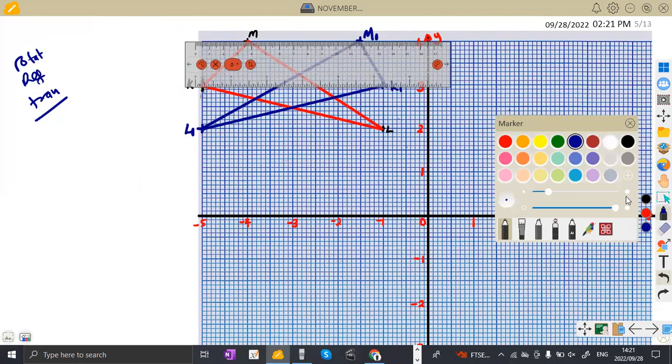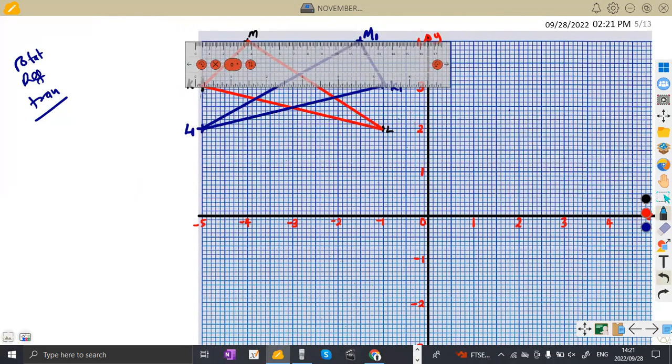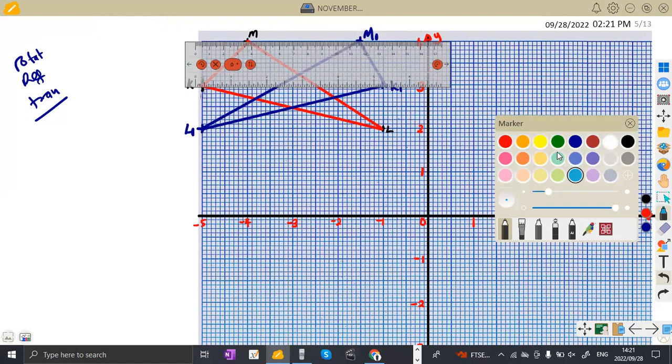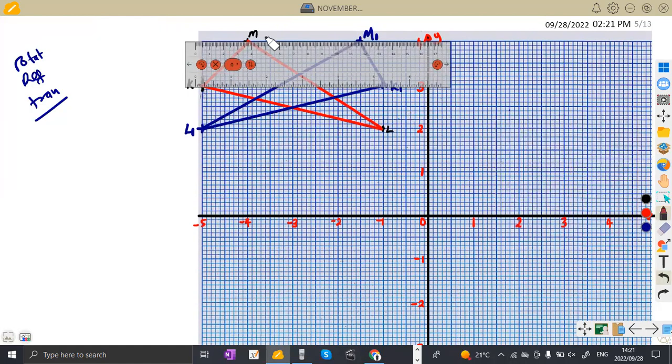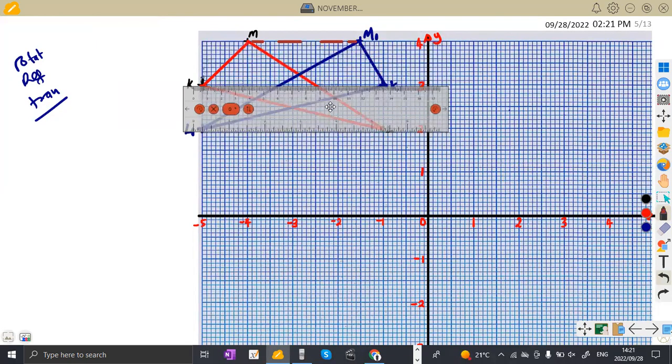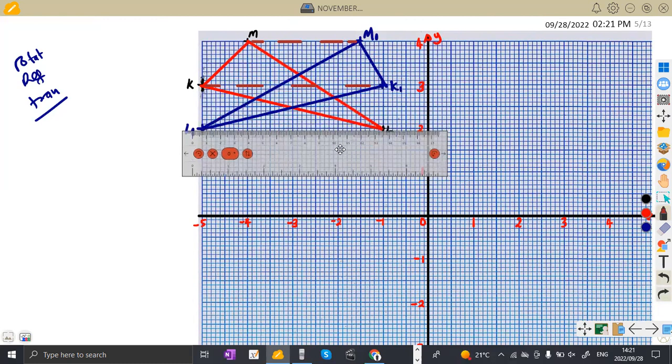But for the sake of all of us understanding what is happening here, I'm just going to join these points, M to M1, and also K to K1, like this. We also join L to L1, like this. As you can see, they are actually the same.